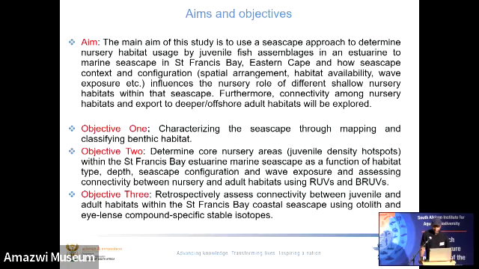And then lastly, we will assess the connectivity between juvenile and adult habitats within the St. Francis Bay coastal seascape using otolith and isotope compound-specific stable isotopes.